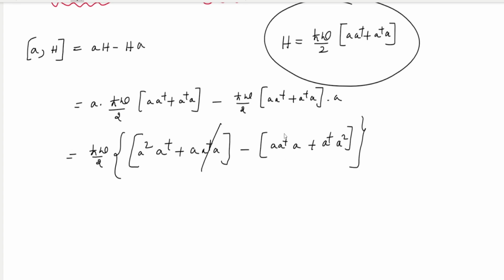From this equation, these two terms are cancelled. The remaining term is h cross omega divided by 2 into (A squared A dagger minus A dagger A squared).